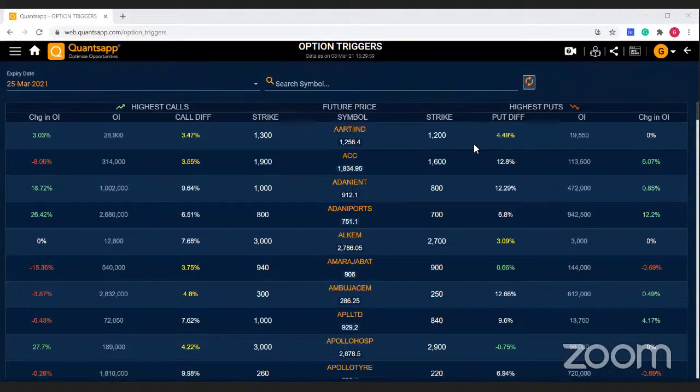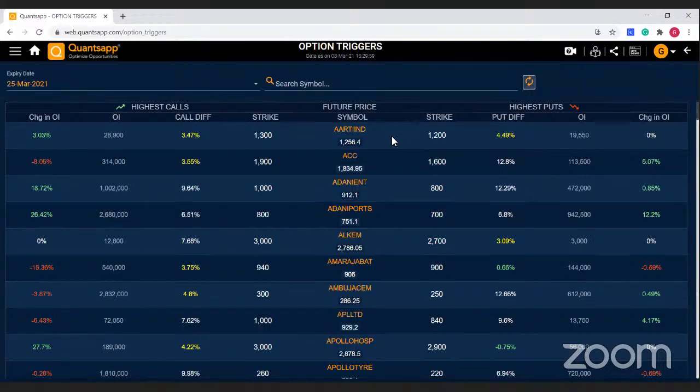So here you can see all the FNO stocks, and below that, future prices. In Quantsapp, if you go into any tool and look at, let's say, Aarti India, you may find that its price is not on par with other sites.